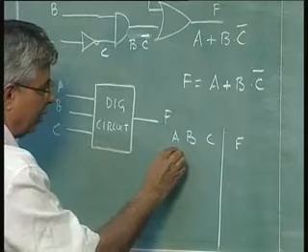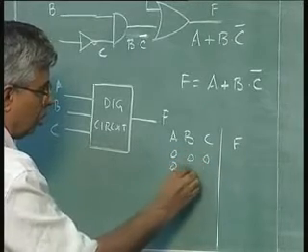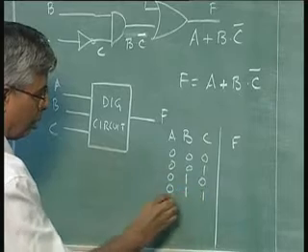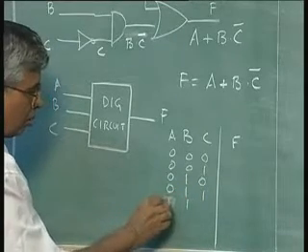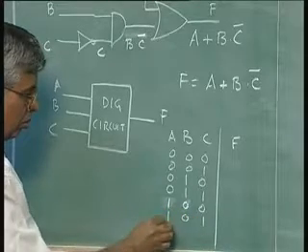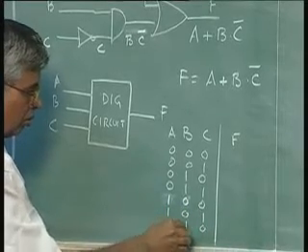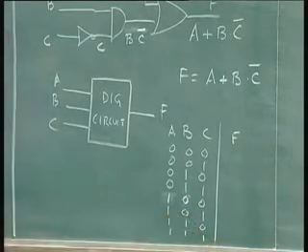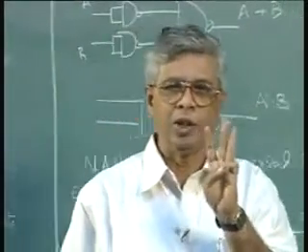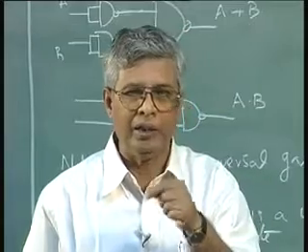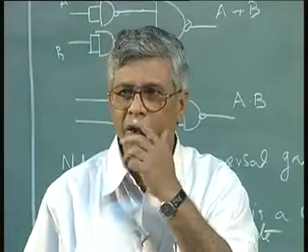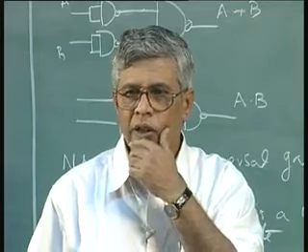So we will quickly write all the possibilities of the inputs. How do you know all the possibilities? There are 3 input variables. There can be 8 variations possible, because each input can be either 0 or 1, or true or false. Symbolically it is 0 or 1.